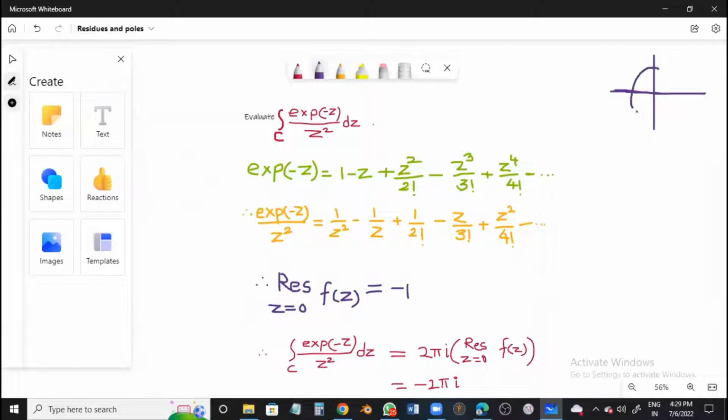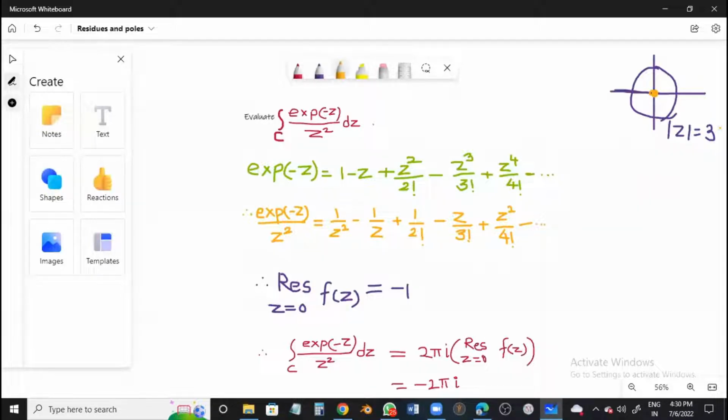In the Argand plane, we have a circle centered at the origin with radius mod of z equal to 3. Now we are worried about the point z equal to 0. You can see this point lies inside the circle. It is the interior point of the circle where my function fails to be analytic.